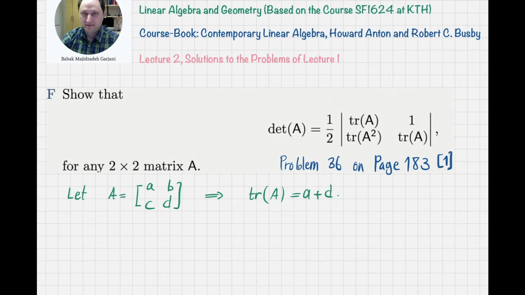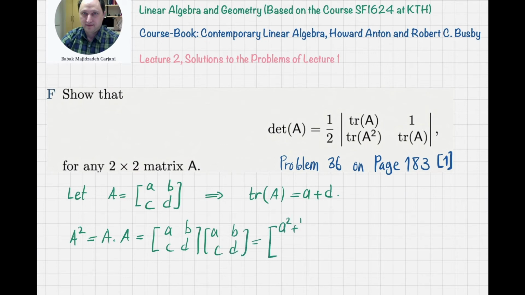And for calculating trace of A squared, first I need to calculate A squared. So it means that I have to multiply this matrix by itself. And if you do this matrix multiplication, it becomes A squared plus BC, AB plus BD, and then you have AC plus DC, and finally you have BC plus D squared.